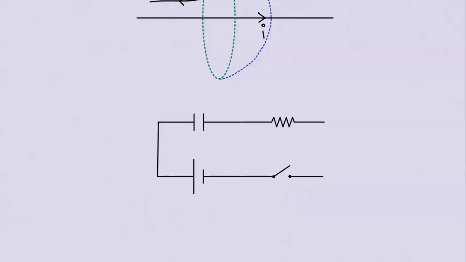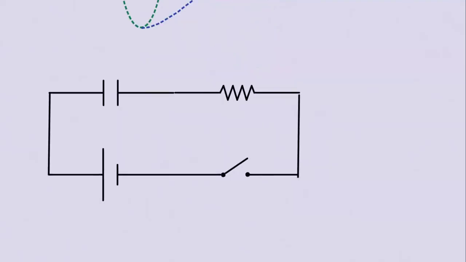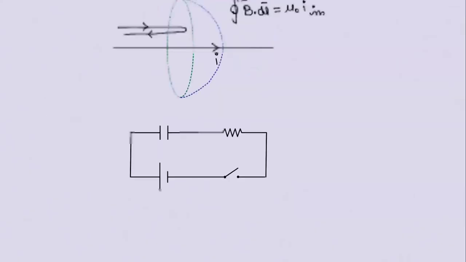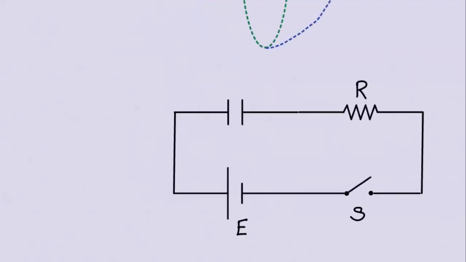That's exactly the thing. So this is the capacitor, resistance R, switch S, and some source E is there. Now focus on this. I need a bigger diagram, but it's okay. I'll zoom in, no issues.